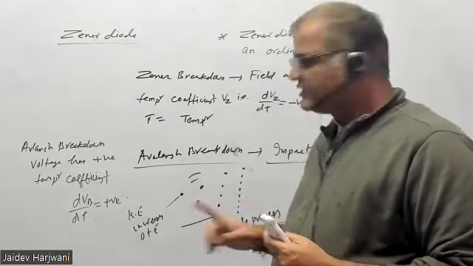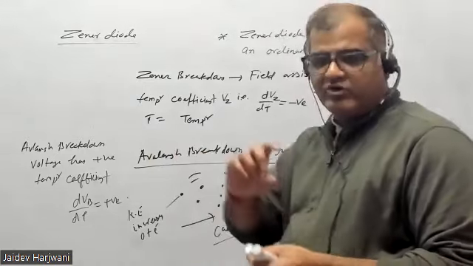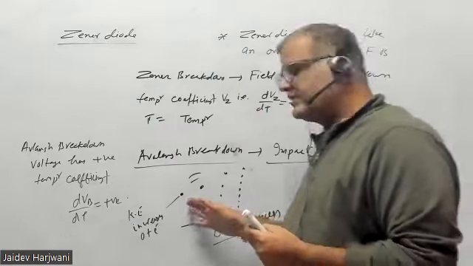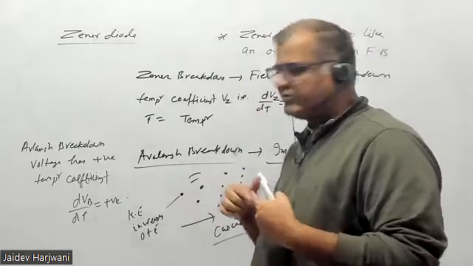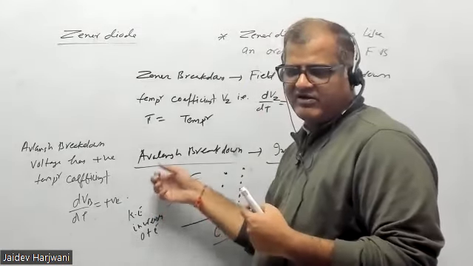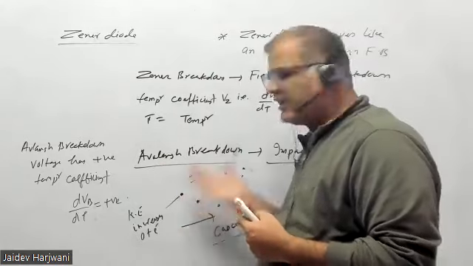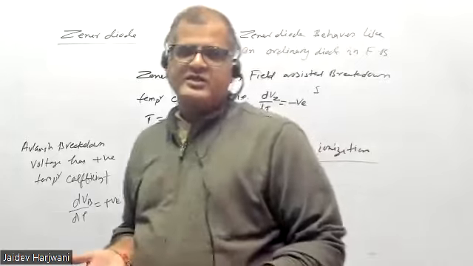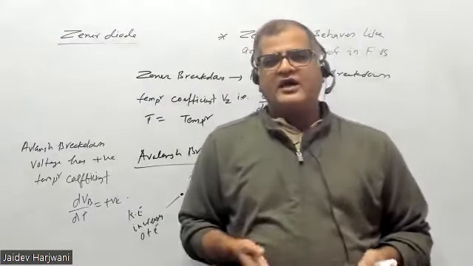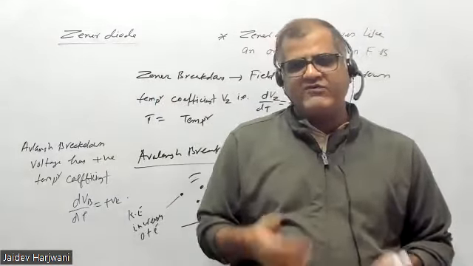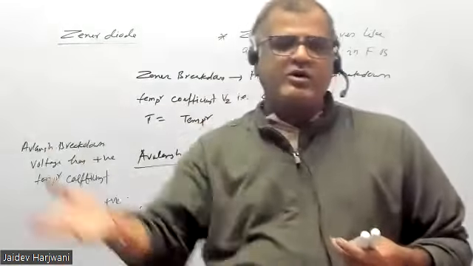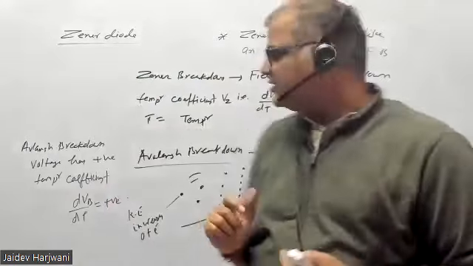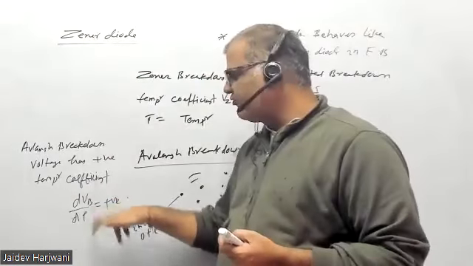So if you want the same amount of energy for breakdown, you have to apply more voltage. Scattering is the opposite of this phenomenon, because this is impact ionization. The electron should have energy, but if you increase temperature, the electron gets scattered and loses energy, so it will not find the energy to break further bonds. You have to supply that energy by applying external voltage, so you need more breakdown voltage.